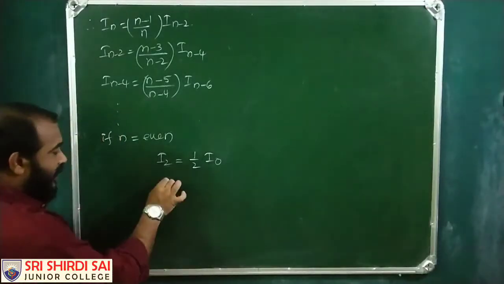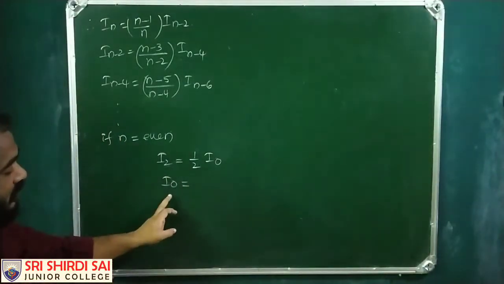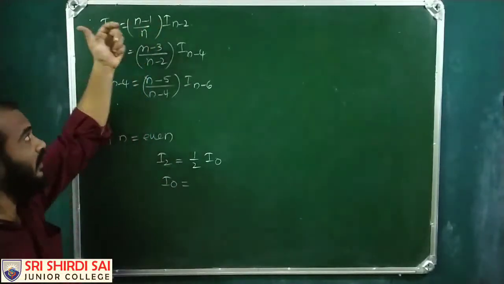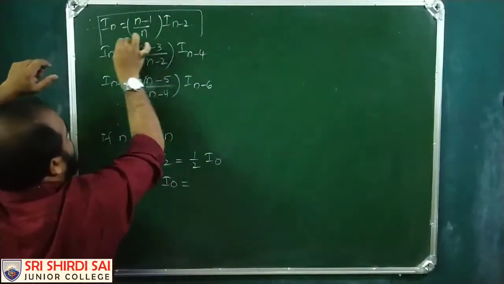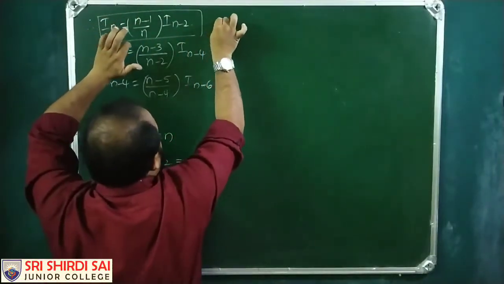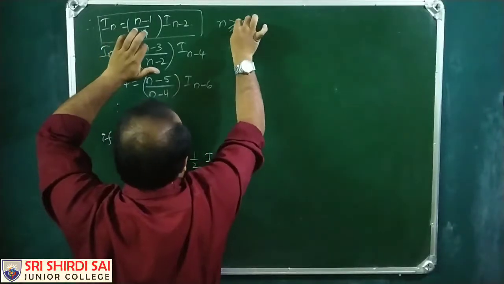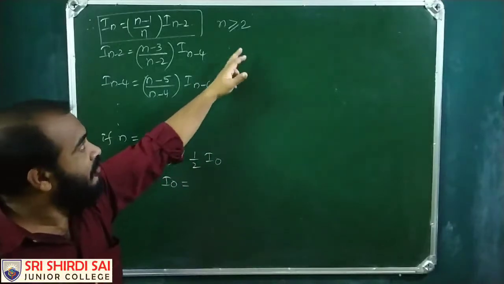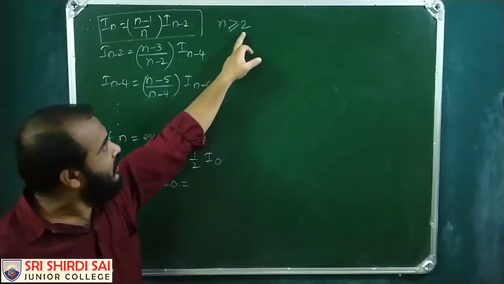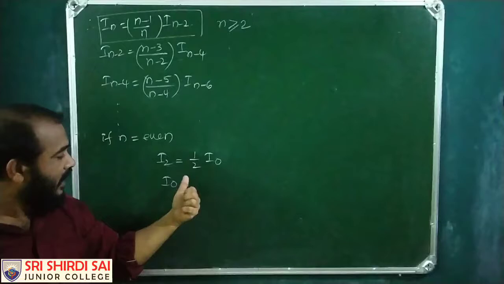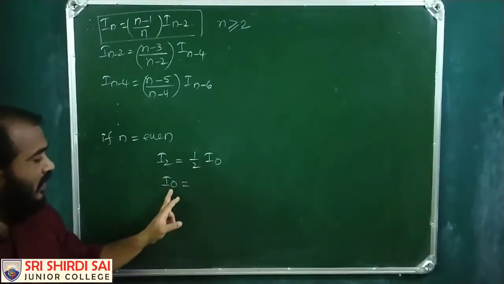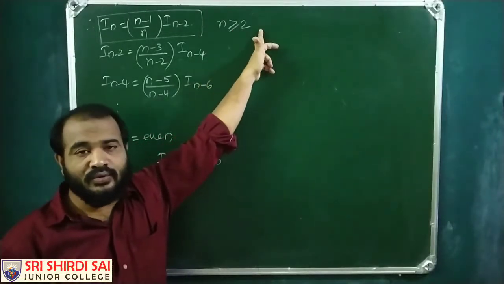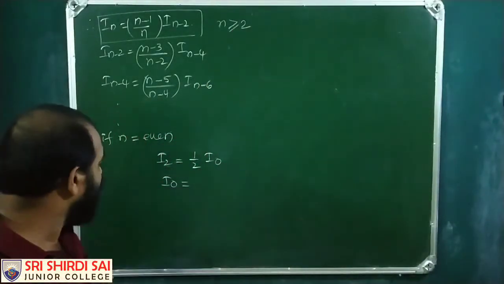For I naught, we cannot substitute 0 in the reduction formula that we got earlier, because it is valid where n is greater than or equal to 2. Even I2 we can use, because n equals 2. I0 we cannot use because here n is 0, which is less than 2. So what is to be used? Nothing.